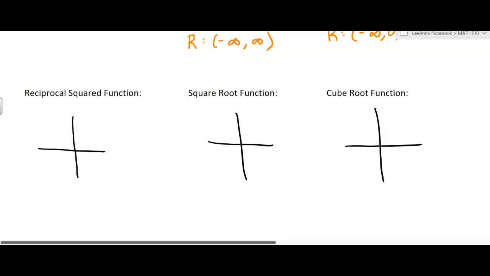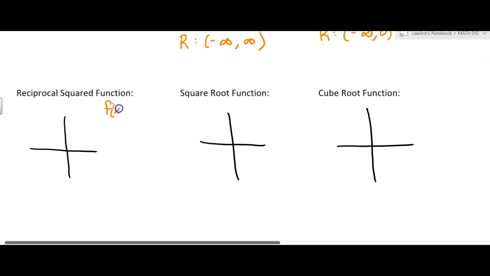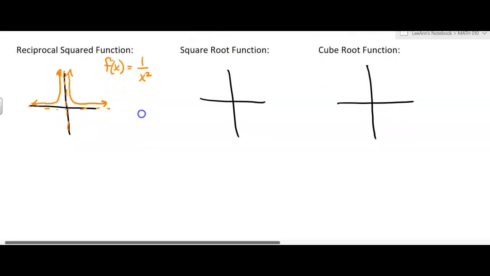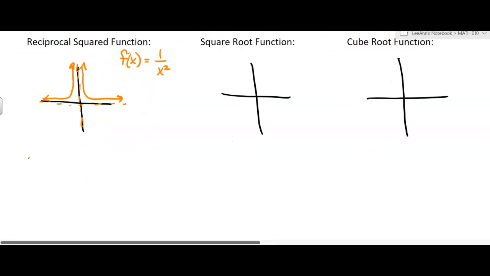The reciprocal squared function. So f of x equals 1 over x squared. And if you remember, there's asymptotes here, and it's really steep, but it looks something like that. On both sides, it should look the same. But anyway, the domain then is going to be from negative infinity to 0, union 0 to infinity, because we can't have x be 0.